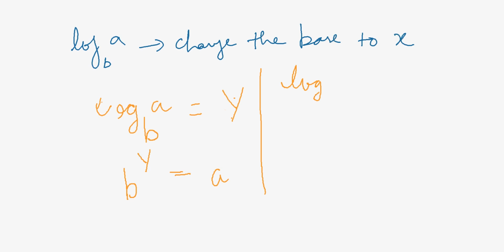Because the operand is a, actually that has been acted by a log function to the base b. So the given question is, can we change the base to x? So it's a simple problem. As long as we have the knowledge about explicitly what is our operand, then we can simply apply the log to the base x on that.